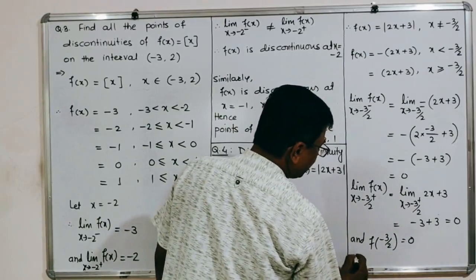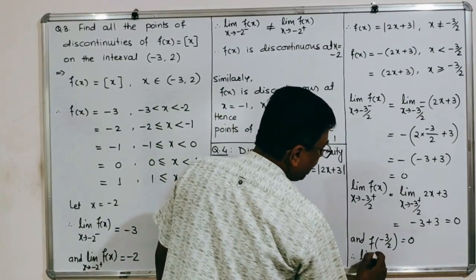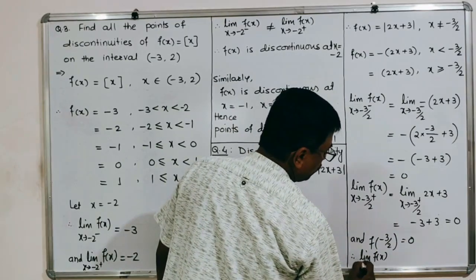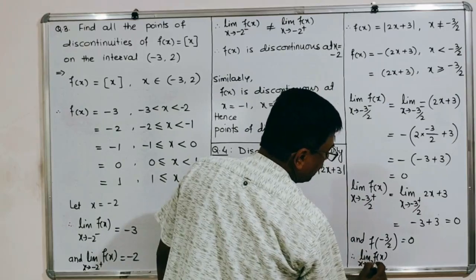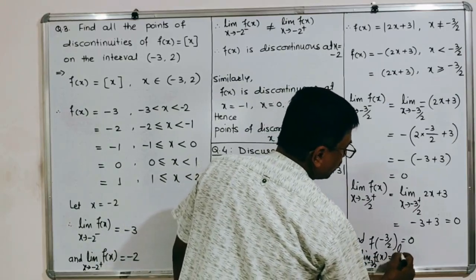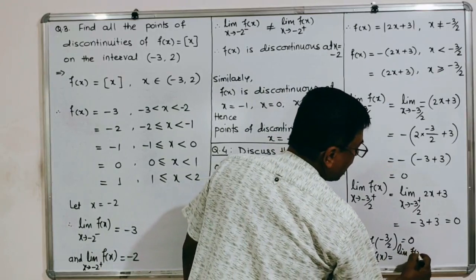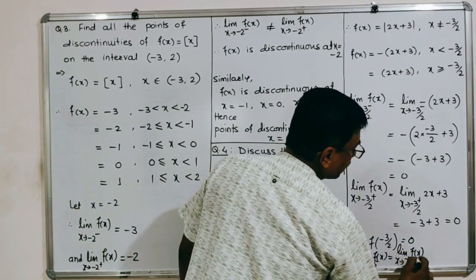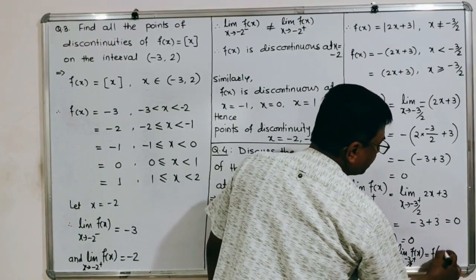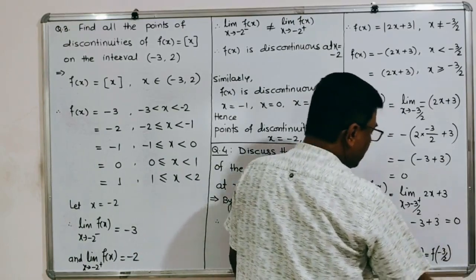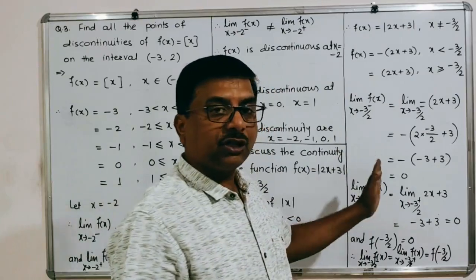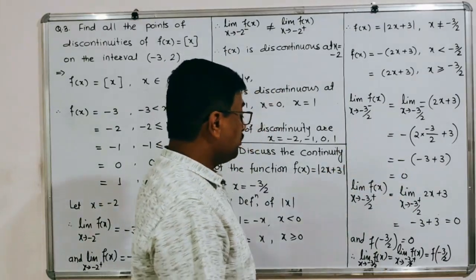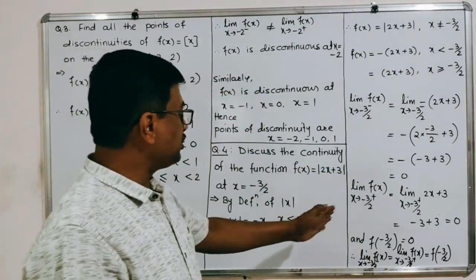Hence we can say that the limit of f of x as x tends to -3/2 minus is equal to the limit of f of x as x tends to -3/2 plus, is equal to f of -3/2, and hence we can say that the function is continuous. Means f of x is continuous.